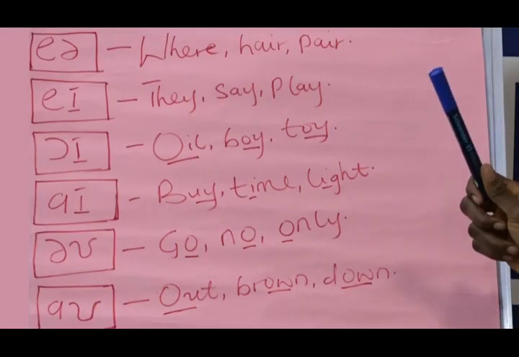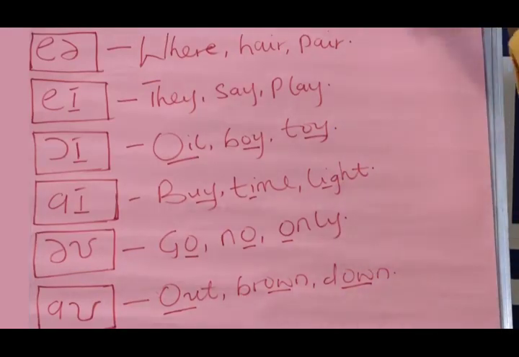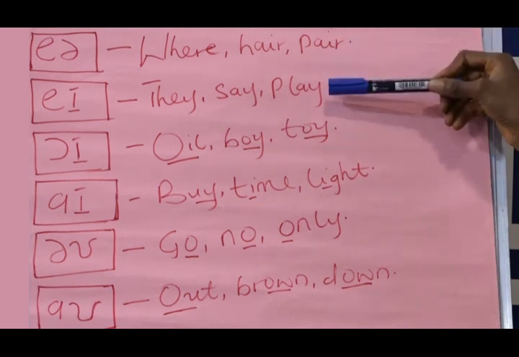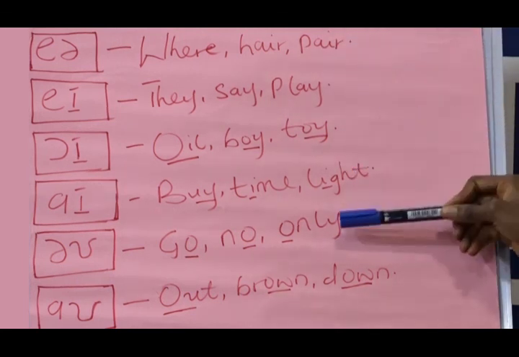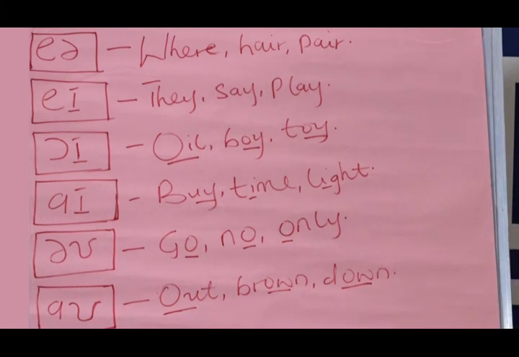Now, the diphthongs, as you can see, are 8 in number. We have 1, 2, 3, 4, 5, 6, 7, 8. And with the 12 monophthongs, they make 20 vowel sounds of the English language. Another thing you should know about vowel sounds is that during their production, the vocal cords vibrate.